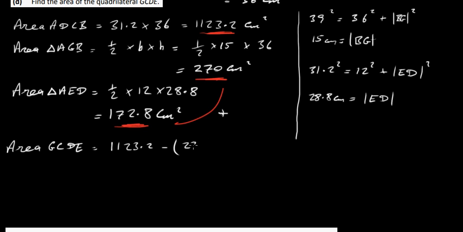So it's 270 plus 172.8. When you do that, you get 680.4 centimeters squared. That's the area of our quadrilateral.